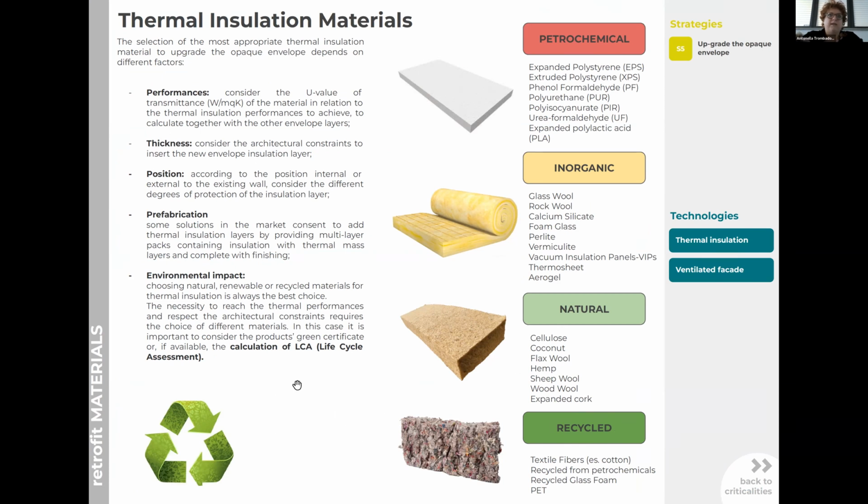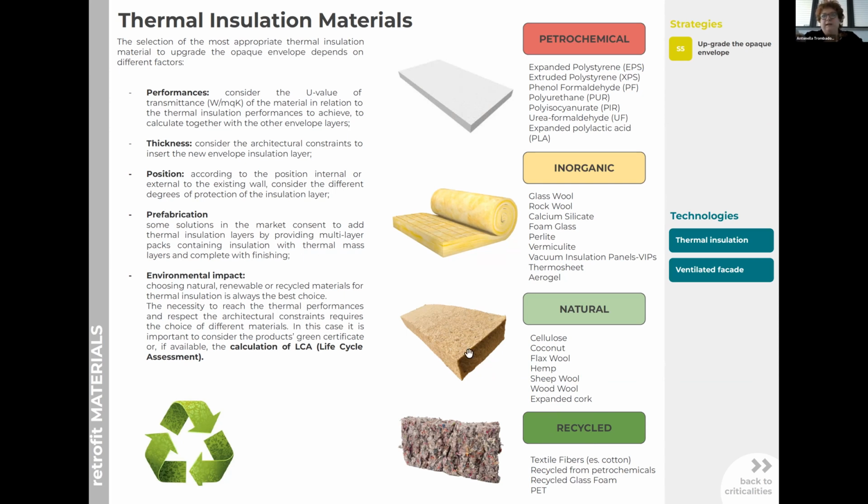So we are proposing to calculate the environmental impact thanks to the life cycle assessment or life cycle analysis. So it is another aspect that is very interesting to underline, especially related to the first target, where it's possible to implement the environmental quality during the retrofitting action of the building.